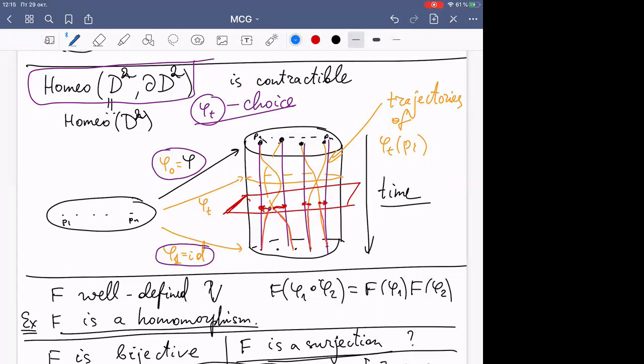And now when we extend an isotopy, we can always extend it: if the isotopy on a given set of points changes continuously, then we may extend it so that it again changes continuously.